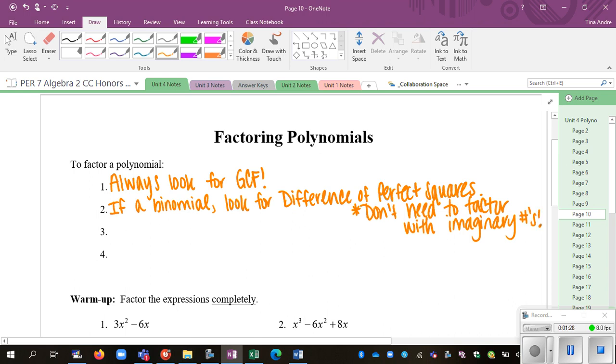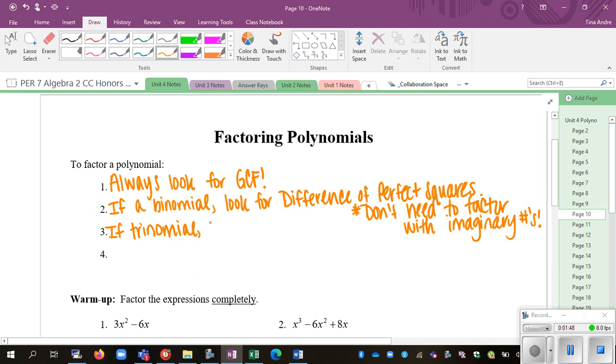And then for number 3, if you have a trinomial, you want to either use the box method or just the grid method, or just look for numbers that add to the middle term and multiply to the last term.